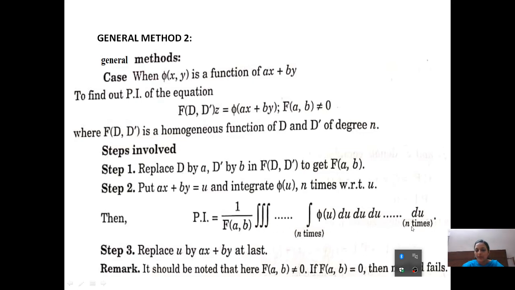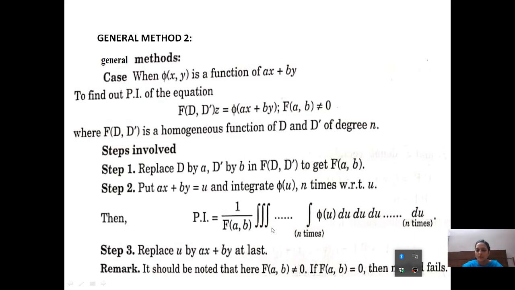How many times we have to integrate depends on the question, because we are solving a homogeneous partial differential equation of nth order. So we can easily recognize the order of the partial differential equation, and the order will decide how many integrations we have to place over here.